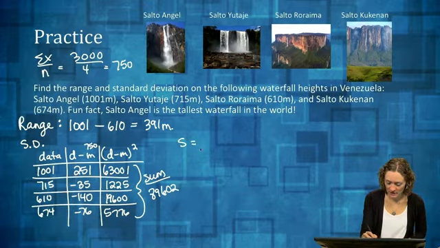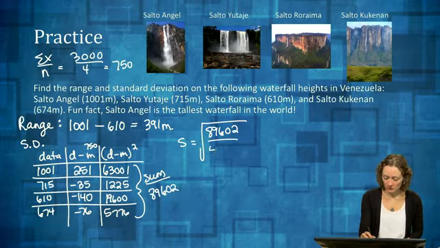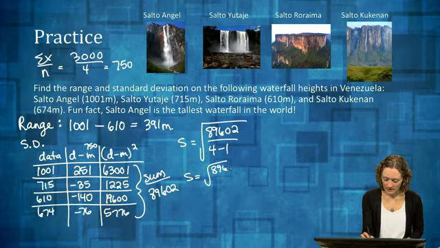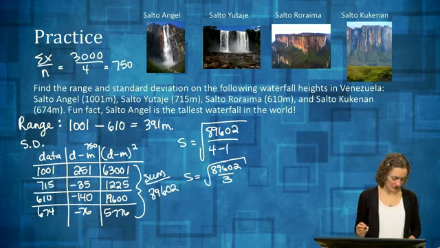So underneath standard deviation, the radical, we have 89,602 over number of data points, which is 4 minus 1. 89,602 over 3. If you divide, you won't get a clean number, so this is what I would type into the calculator.